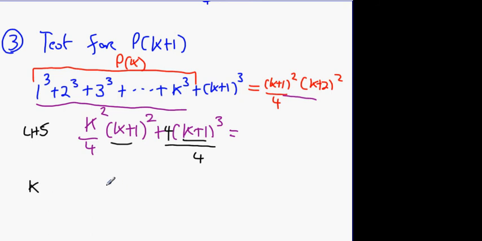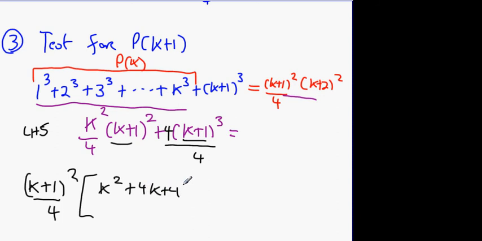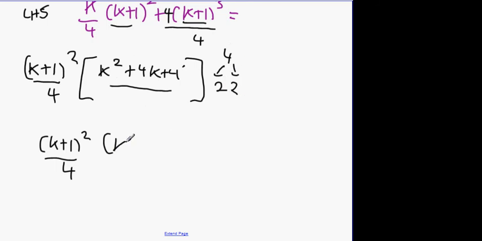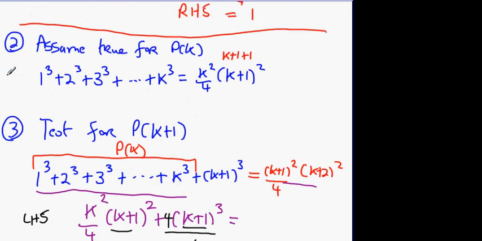So it's going to be k plus 1 squared all over 4, and that's going to get multiplied by k squared plus 4k plus 4 in brackets. Next we're going to factorize this, and we're going to get k plus 1 squared over 4, and when we factorize this, the reference number is 4, which goes in 2 and 2, which is going to be k plus 2 squared. And now all of a sudden it equals the right hand side.